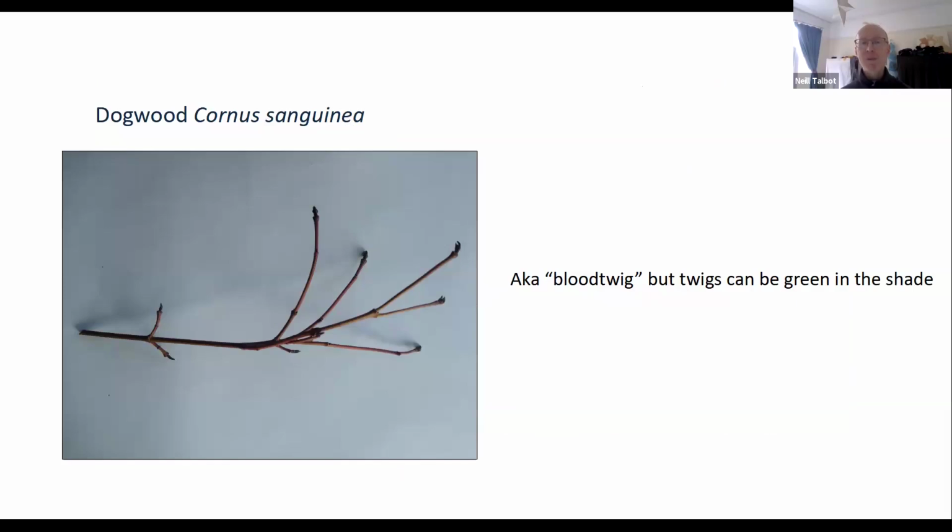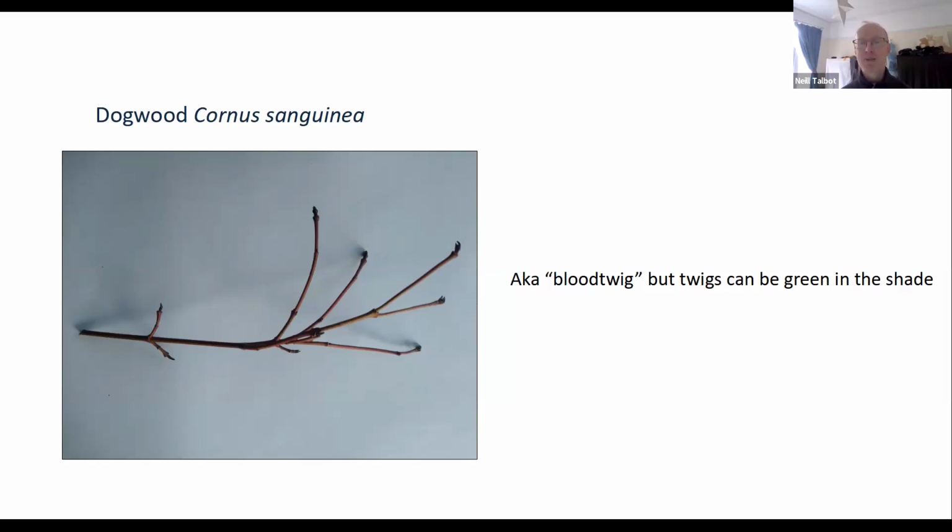Sorry, this photo isn't great, but I think it just about shows that you've got the red twigs with opposite buds on dogwood. The scientific name is Cornus sanguinea, and an old name for it is blood twig, because you get these very dark red twigs.